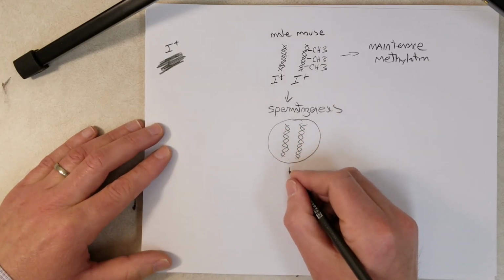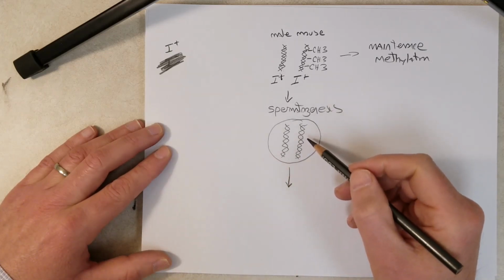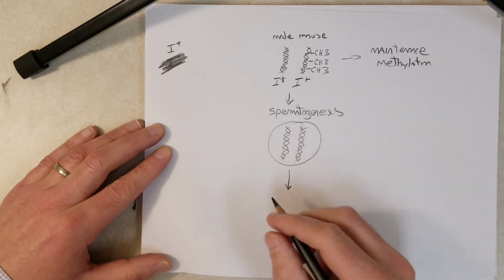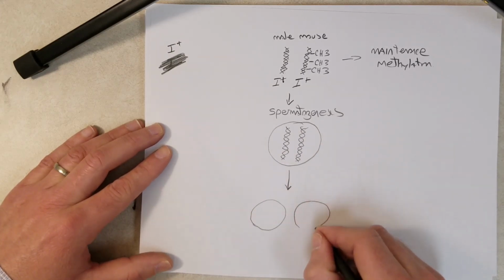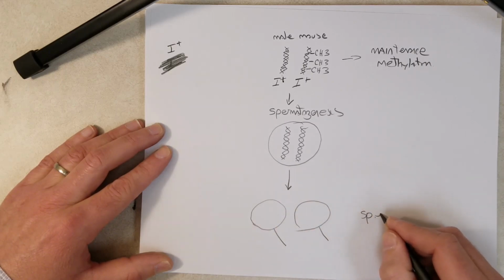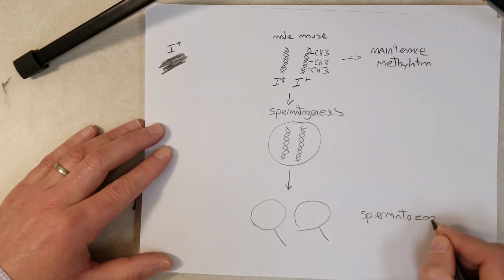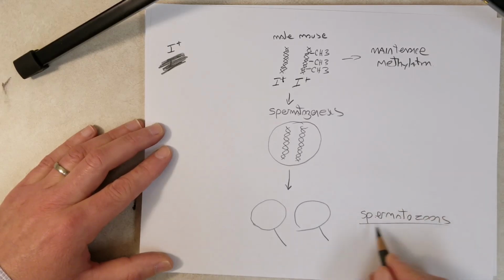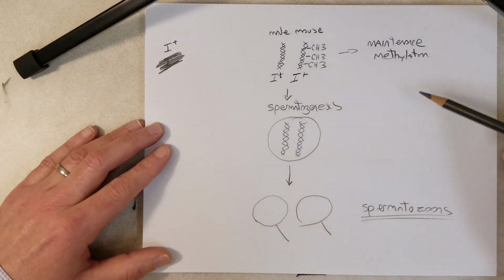Now, as this cell proceeds through meiosis, eventually we're going to get the spermatids and the mature sperm, called spermatozoa. I really don't like the terminology of the different structures with respect to spermatogenesis.